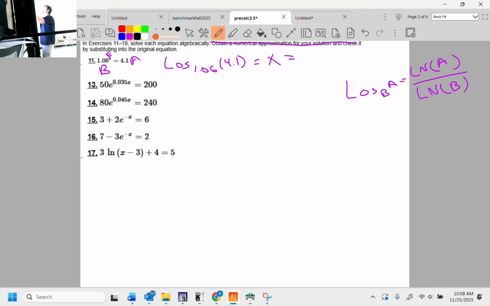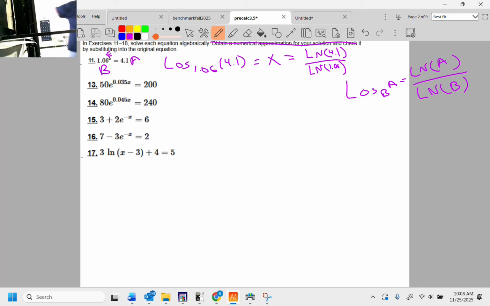It is preferred that you give your answer in that form. We can't use the calculator technique because that button doesn't exist on the TI-84. So what goes up high? 4.1. And what goes down low? 1.07. And then you can push buttons in the calculator.